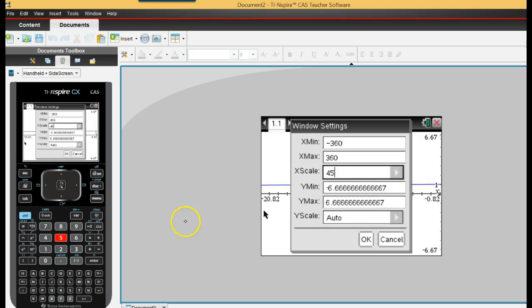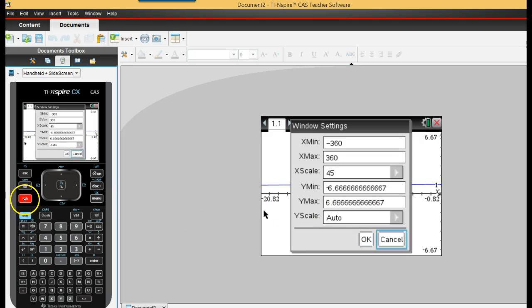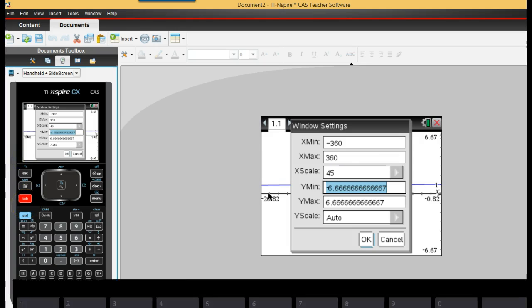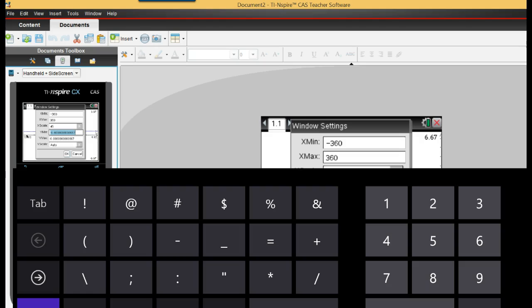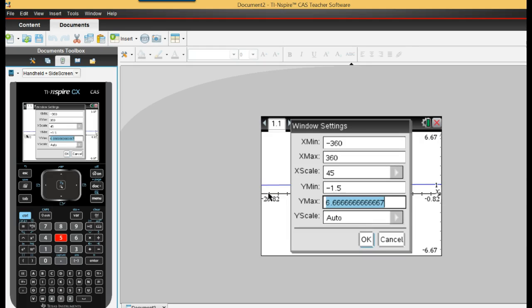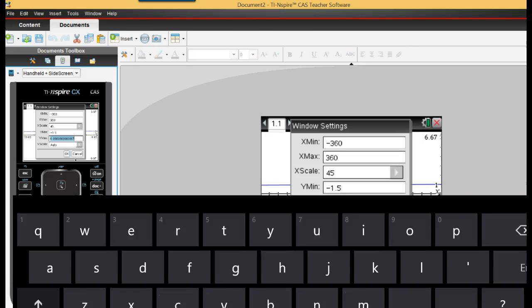My Y min is going to be minus 1.5. That would be a good option there. Minus 1.5. We tab, and we want 1.5 in there.